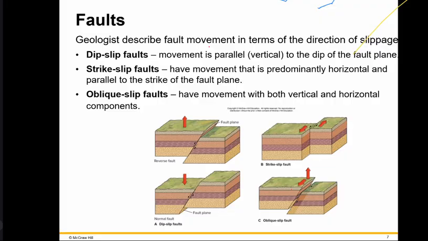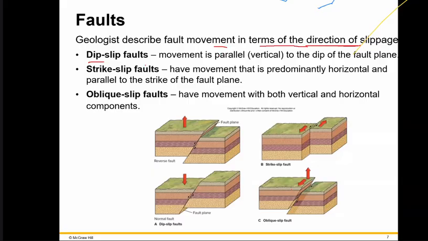Geologists describe fault movement in terms of the direction of slippage. Direction of slippage. So you have a dip slip fault. Now, these are not the types generally. This is kind of the category. So they describe fault movement in terms of the direction of slippage.